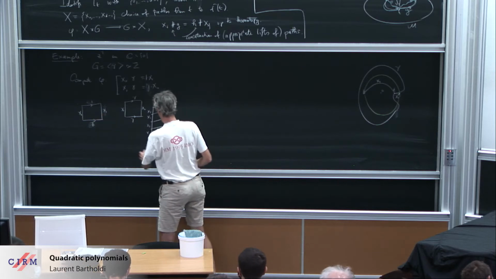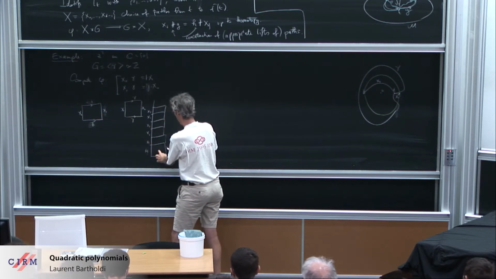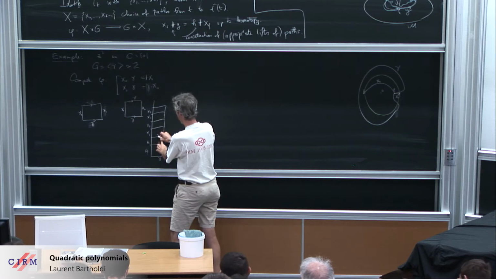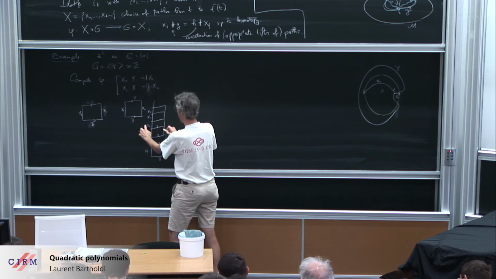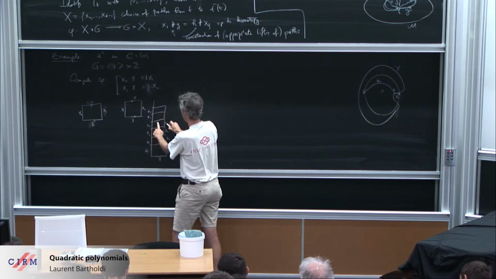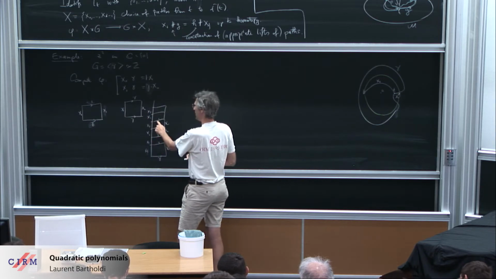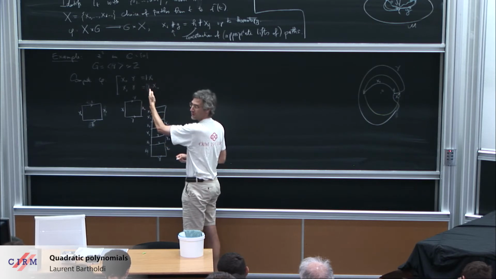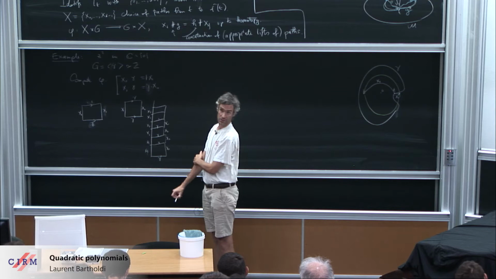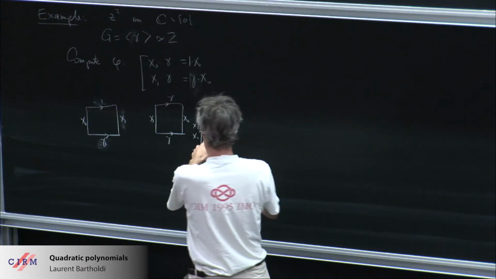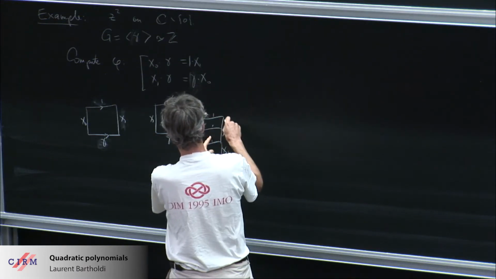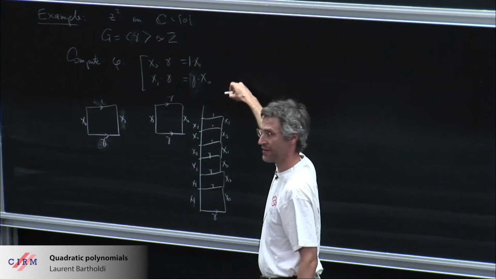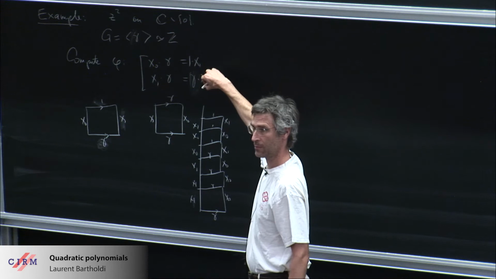Here I have to use this square, so I have to put an x0 and a gamma here. Then again the same square, again the same square. Now I have to put that square, which gives me an x1 and a 1. And then the 1, I didn't write the formula for 1, because obviously it's enough to write it for generators. 1 will just give me, again, a 1. And this is the result of the action on that word.